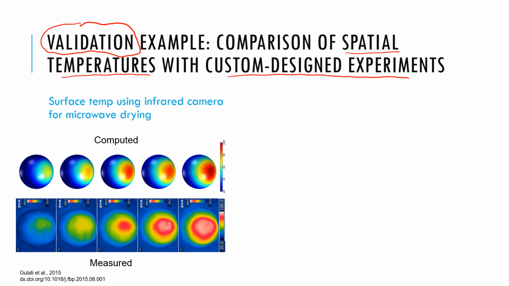Now note, in microwave drying there's a lot of physics. There's electromagnetics, heat transfer, mass transfer, and including pressure driven flow, and of course the solid mechanics and the shrinkage. So ideally we should validate every physics separately, but this is extremely time consuming and almost never done.